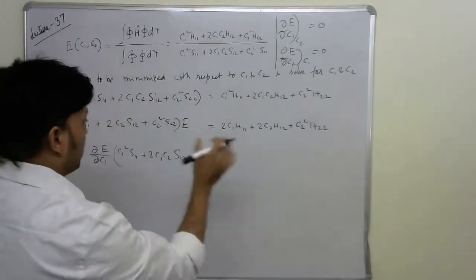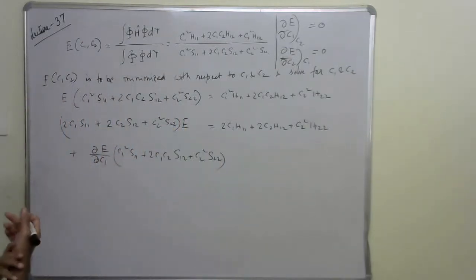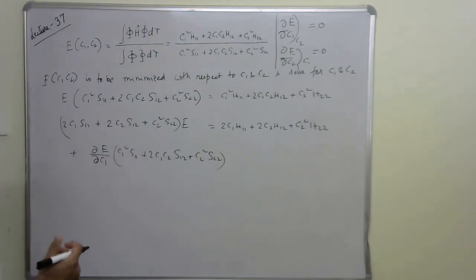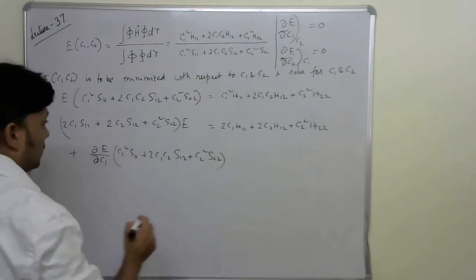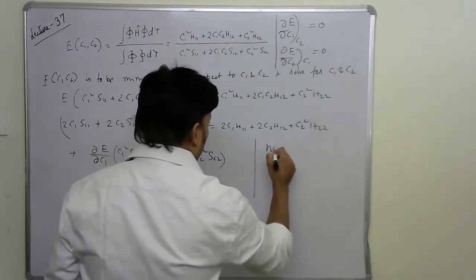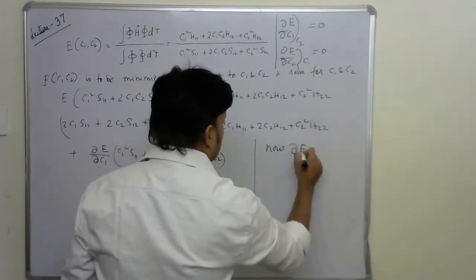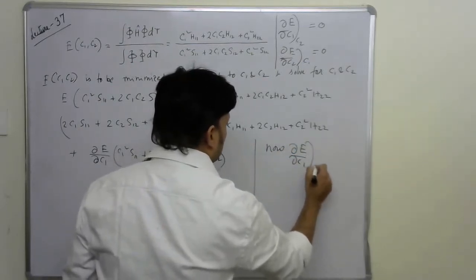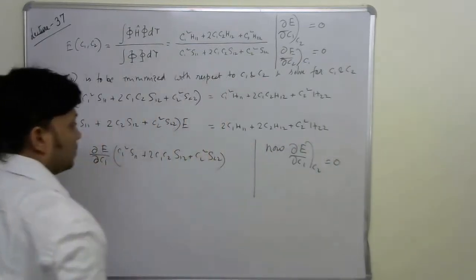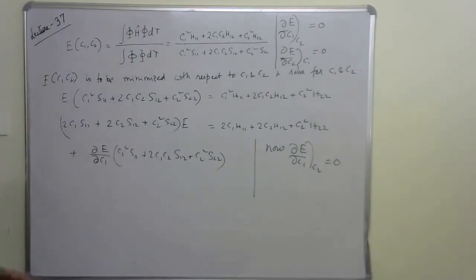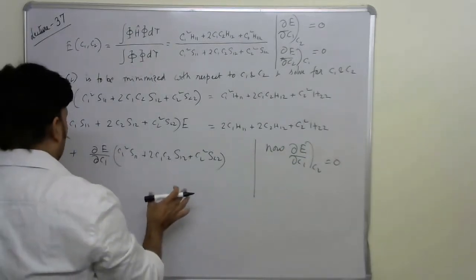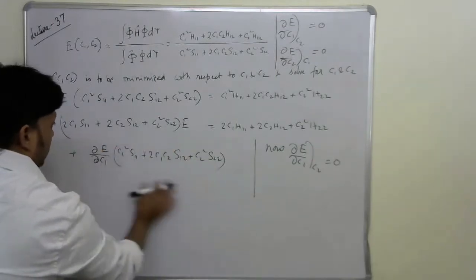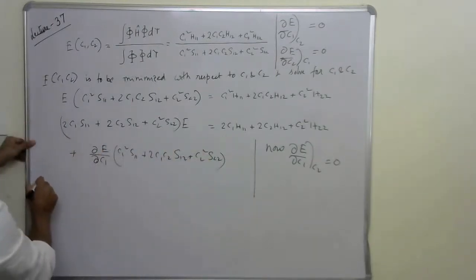Okay, so no problem with that part. So now what happens is that we can write here now. We would deliberately set del E del C1, C2 equal to 0. So if we set that part equal to 0, this entire part would become 0.